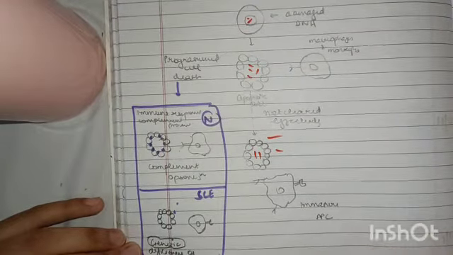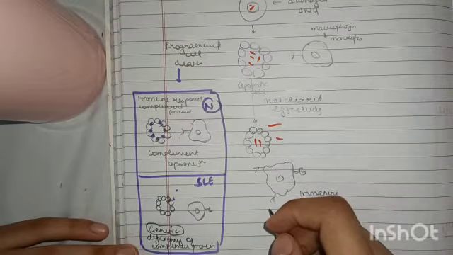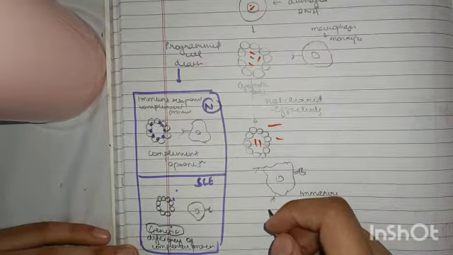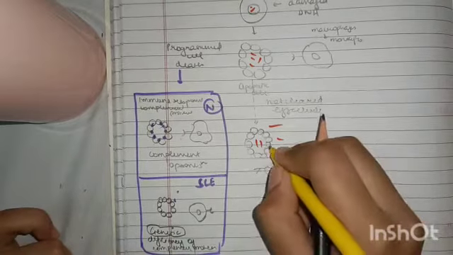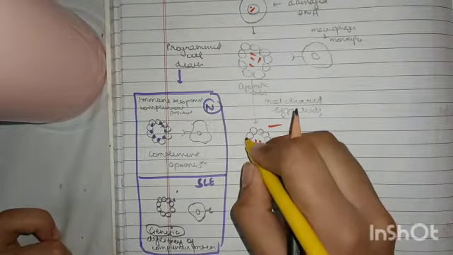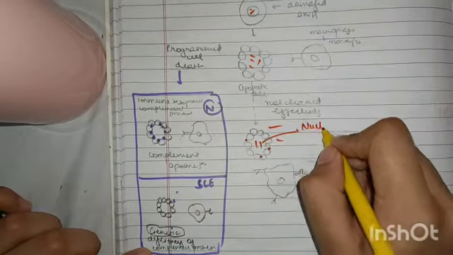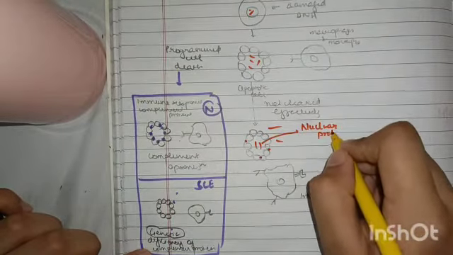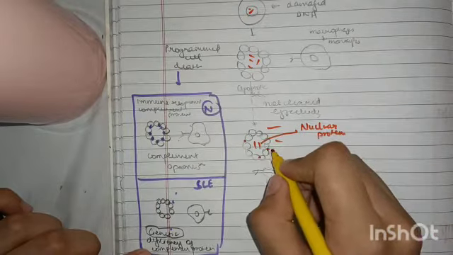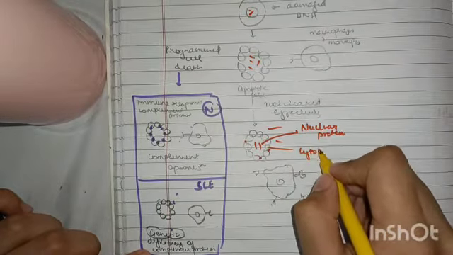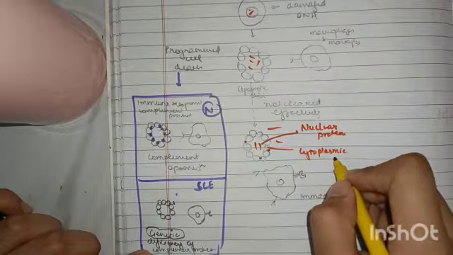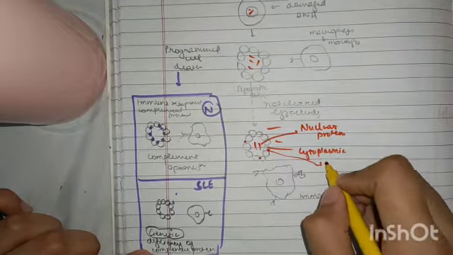Now the internal proteins will also start being projected on the cell membrane. Let me tell you which proteins I'm talking about. The first is the nuclear protein, then the cytoplasmic protein, and then the cell membrane.